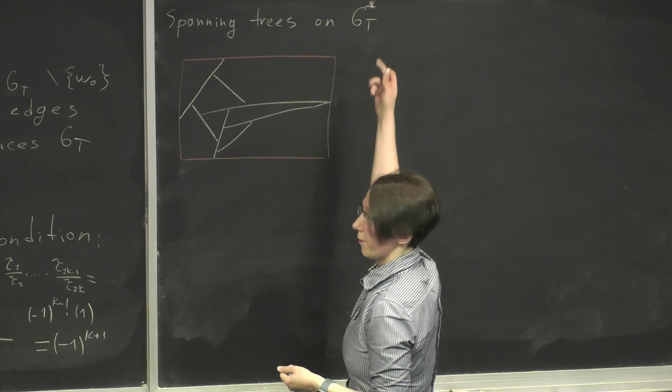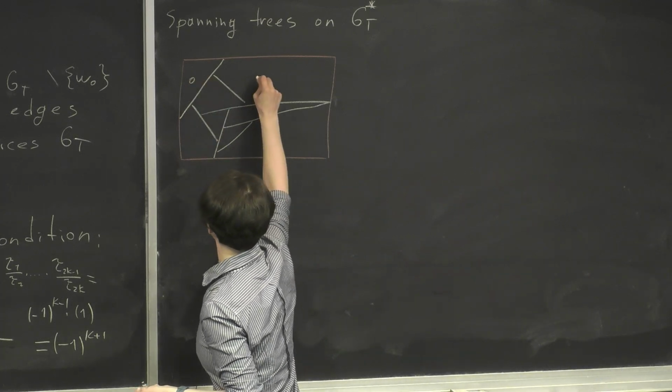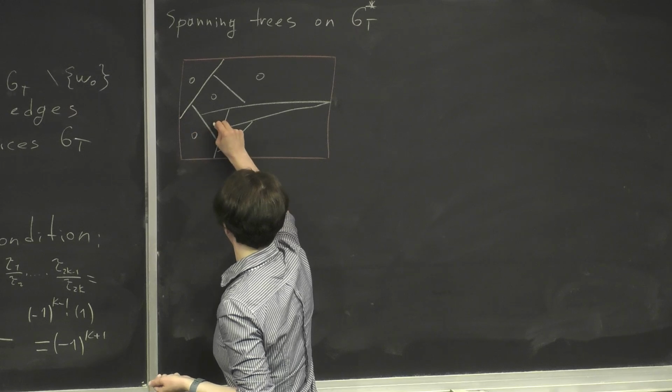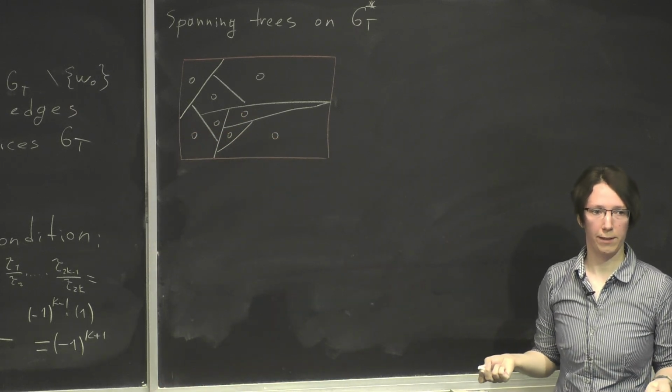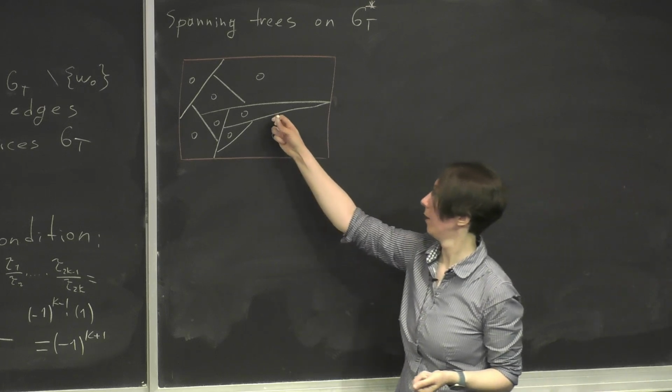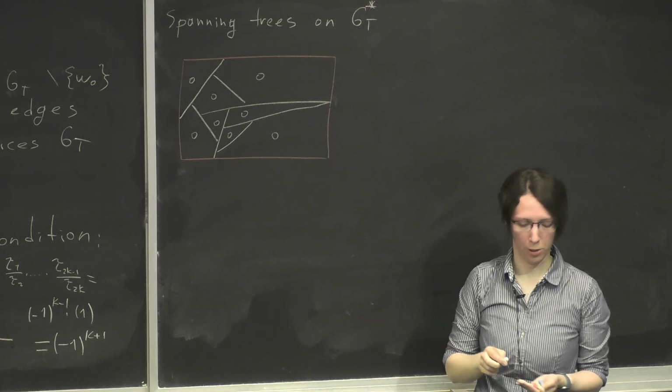And what is the dual graph of a T-graph? So faces of a T-graph are vertices of the dual graph. And we say that they are adjacent if they are adjacent to the same piece of the complete edge.